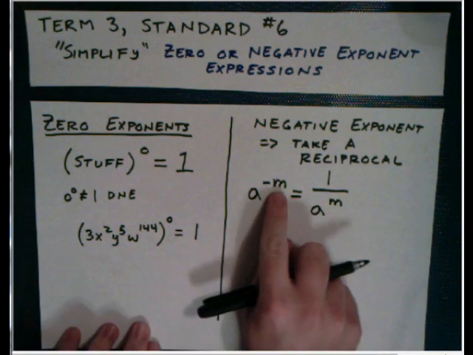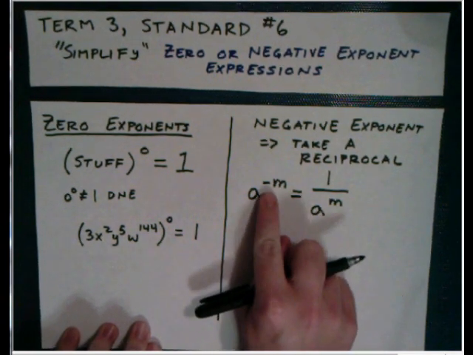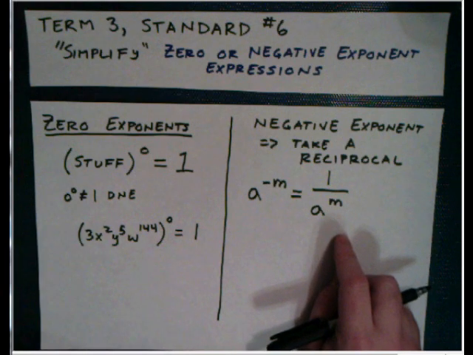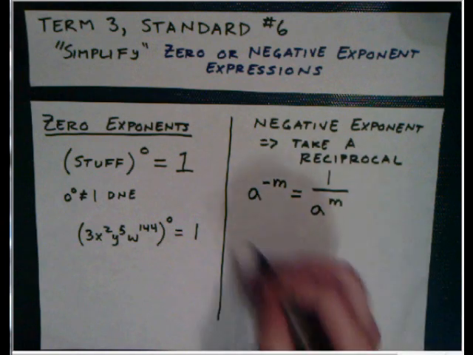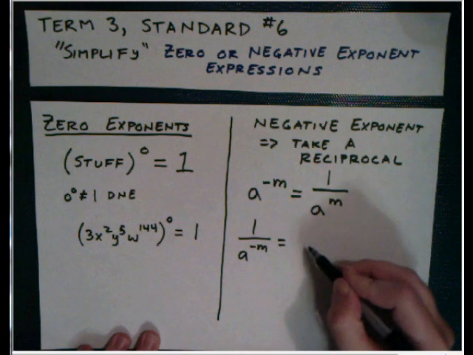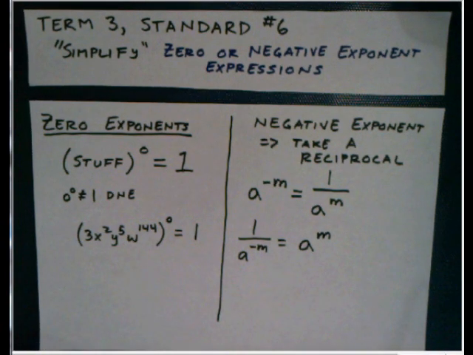So notice the exponent itself, the magnitude of it, m, doesn't change. All that changes is that negative can be rewritten as a positive by dropping it down. Or conversely, if you had 1 over a to the negative m, this would swing back up and become a to the positive m. So those two facts are true.